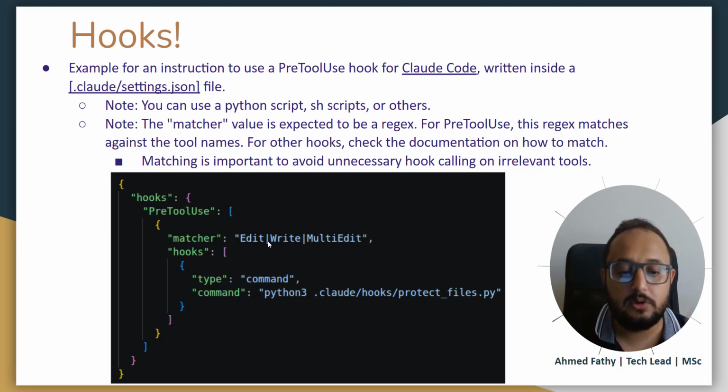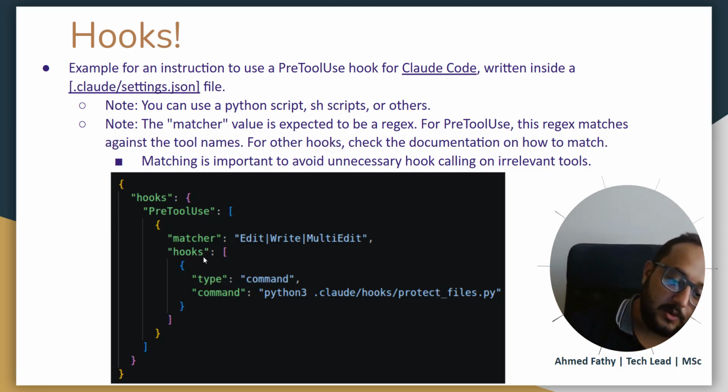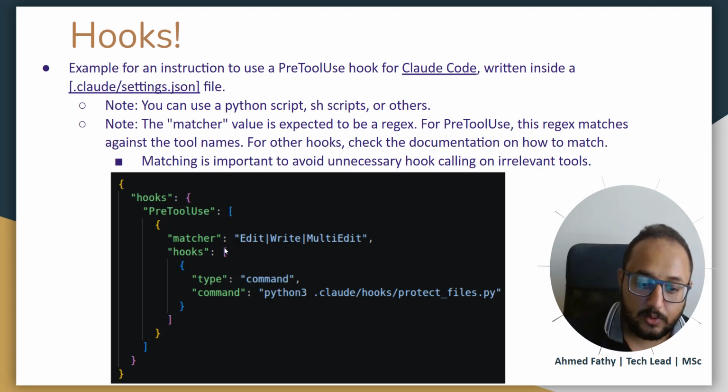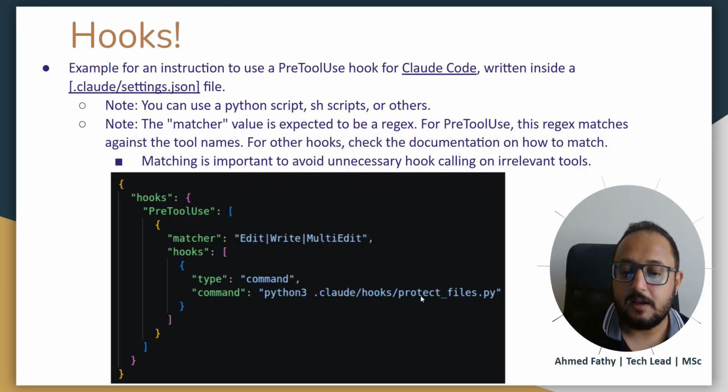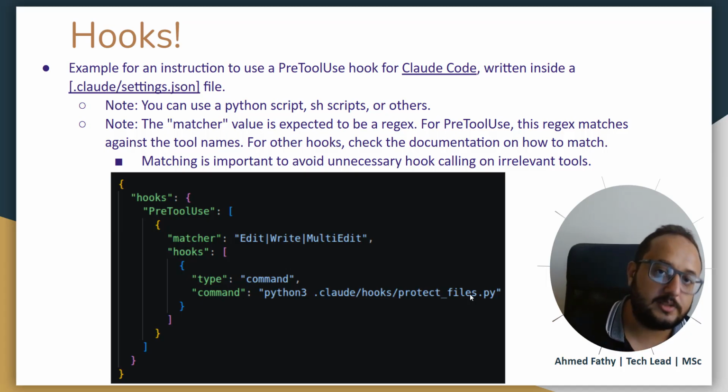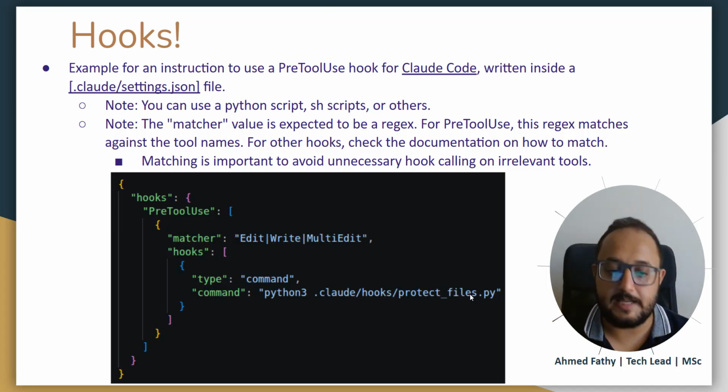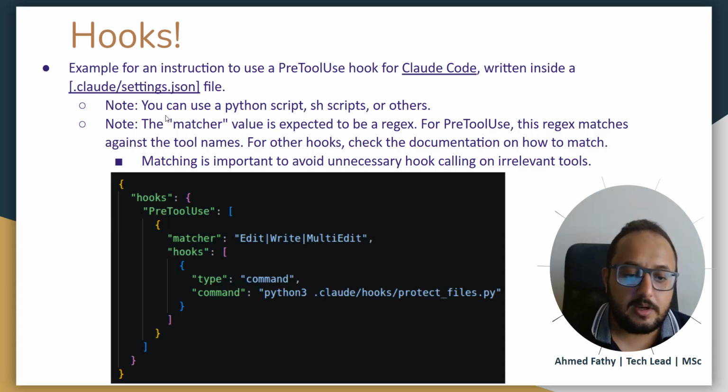So now for the edit tool, write tool, and multi-edit tool, you would like to run this list of hooks. Here the list has one hook, of type command, and the command is just python3 and then run this file, which is a file that you wrote yourself or downloaded from some place. Note here that you can use a Python script, sh script, or others.